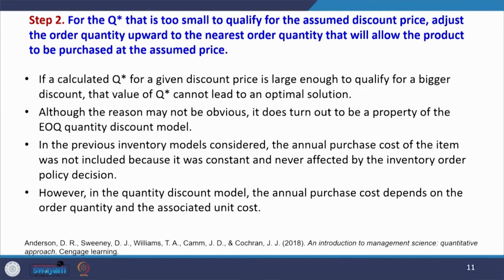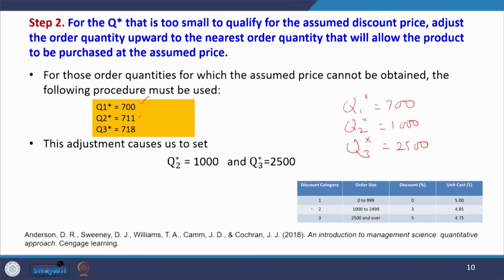If a calculated Q star for a given discount price is large enough to qualify for a bigger discount, that value of Q star cannot lead to the optimal solution. What is the meaning? For example, we got Q1 star is 700. Suppose you are getting the value of Q1 star is say 1200.